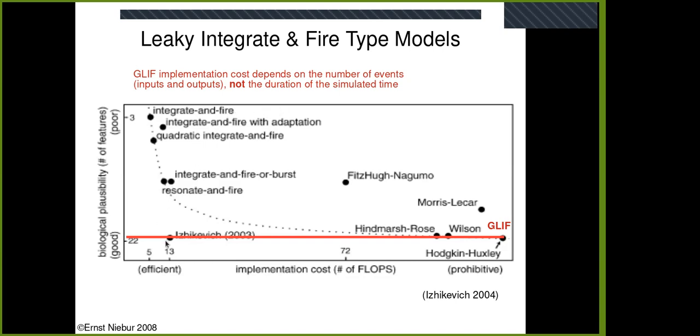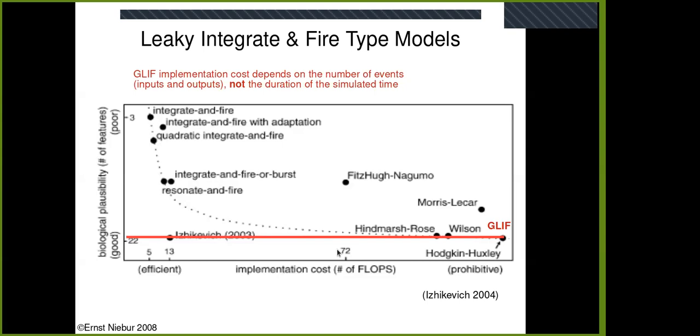We know that we are at least as realistic as Izhikevich, so on this scale we are somewhere here. We can easily fulfill the 20 different features, but how much time it costs we can't say per iteration because we don't have iterations.